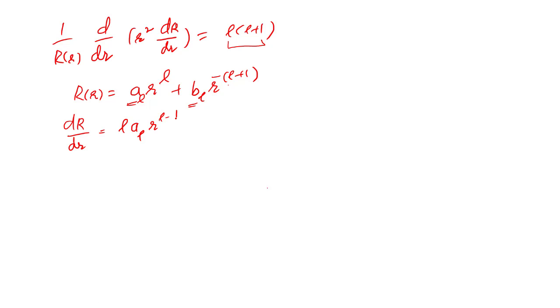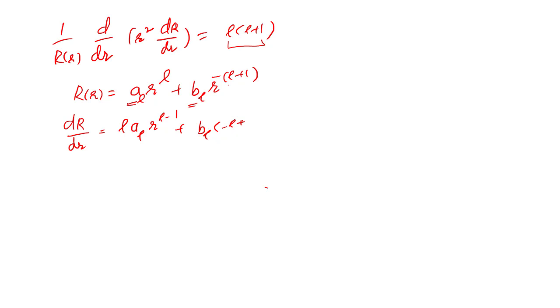So then I have r to the power L minus 1 plus BL times minus L plus 1 times r to the power minus L minus 2, right?